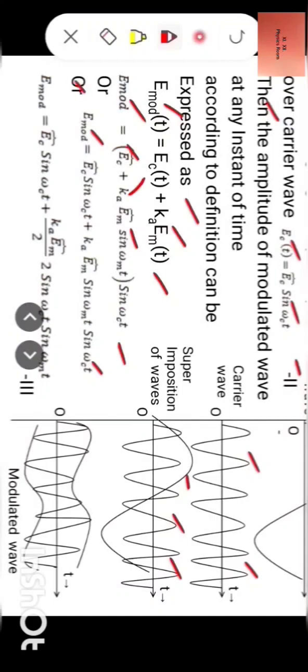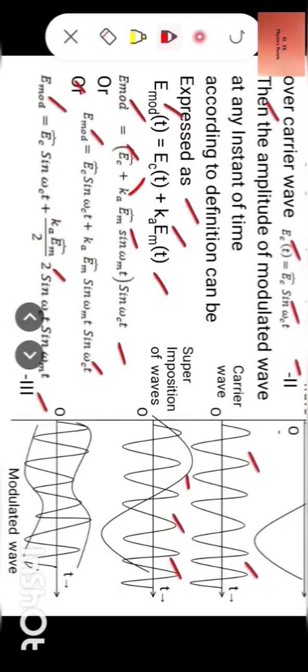or E mod is equal to E_c max sine omega_c t plus Ka E_m max divided by 2 multiplied by 2 sine omega_c t sine omega_m t. Let us mark it as equation 3.